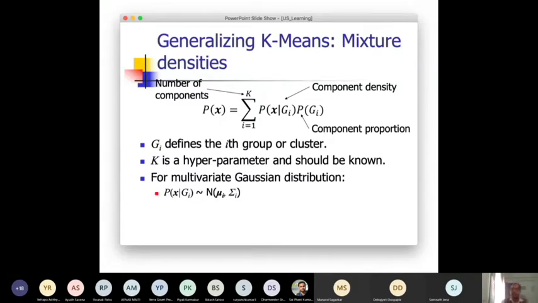We will particularly discuss this approach with respect to a very well-known density function, that is the multivariate Gaussian distribution. We are considering a multidimensional feature space, so we have to consider this multivariate Gaussian distribution, and we have already discussed it when we discussed Bayesian inference using parametric approaches.